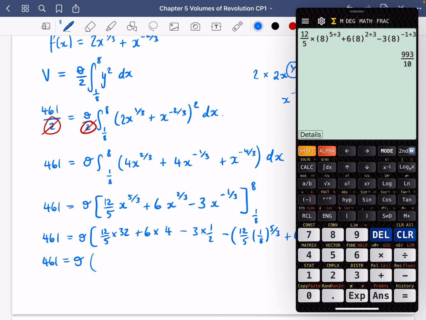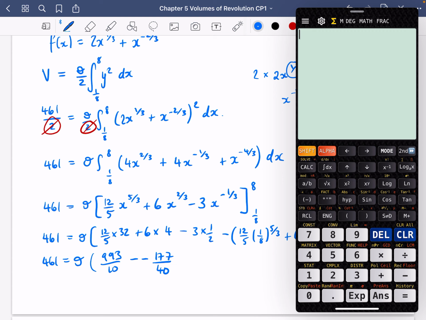So this beginning bit is 993 over 10. And then I'm going to subtract the same thing, but everything has now got an eighth. So I can quite easily just go through and replace all of these with an eighth. And you get minus 177 over 40.